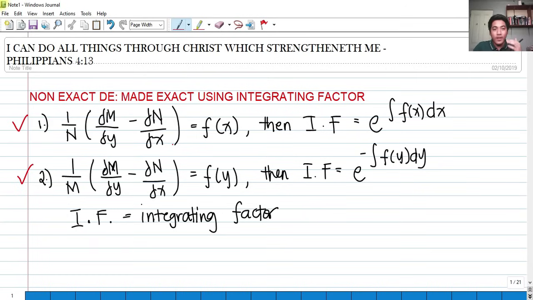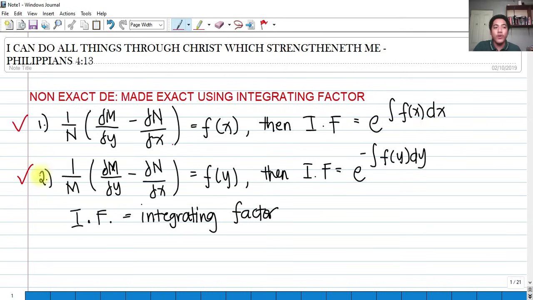So again, if we are going to use 1 over n, f of x should be a constant number or a constant plus a single variable, but never two variables. Because we will be having a problem if we integrate this into two variables, x and y.